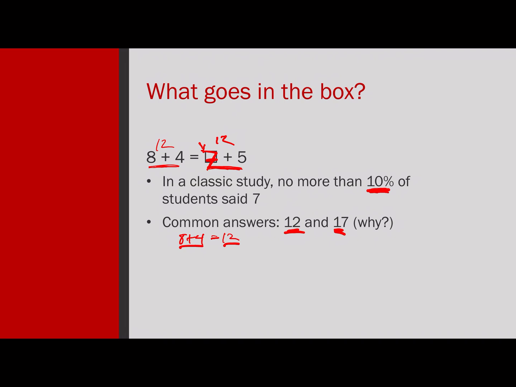Operational means that I'm going to operate on these two numbers, 8 and 4, and set them equal to 12. Okay, this is an operation. But with relational understanding, we take 8 and 4 and we see, well, that's the same as 12, but it's also the same as 9 and 3 or 7 and 5. Okay, so we need 7 here to make that relational understanding happen. Okay, they're relating these two things together. They're not operating on them.